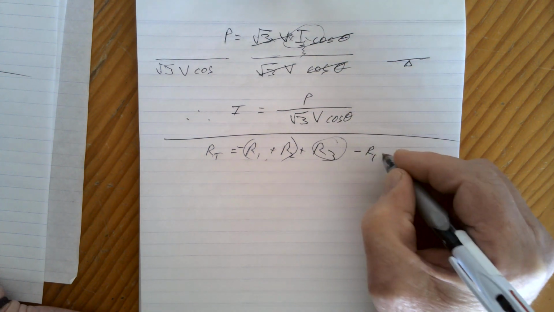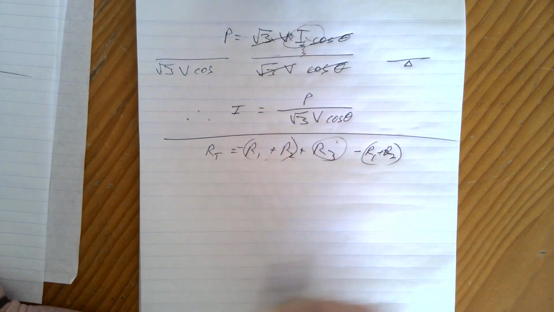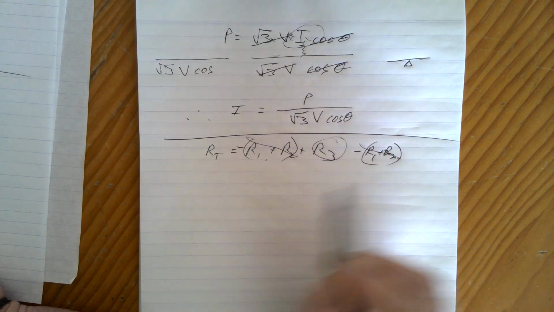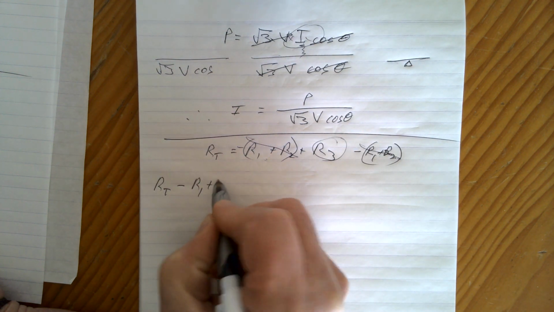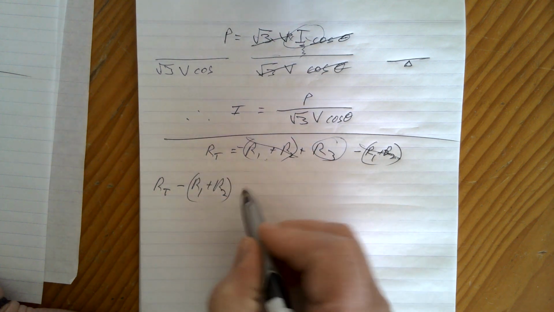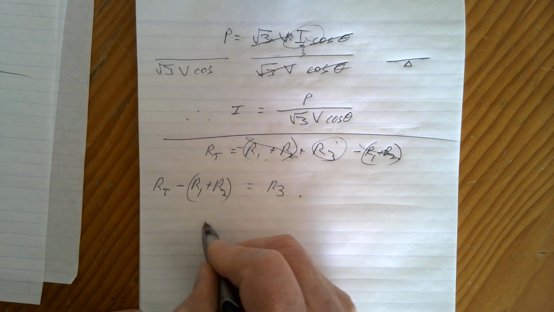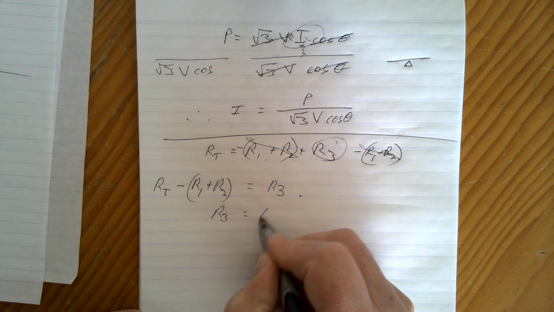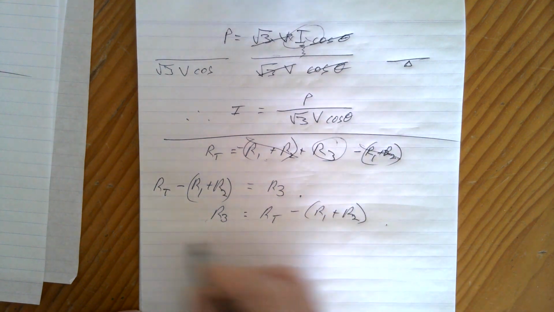So RT minus R1 plus R2 in brackets, so these two cancel out. Balance the equation: RT minus (R1 plus R2) equals R3. So technically R3 equals RT minus (R1 plus R2).